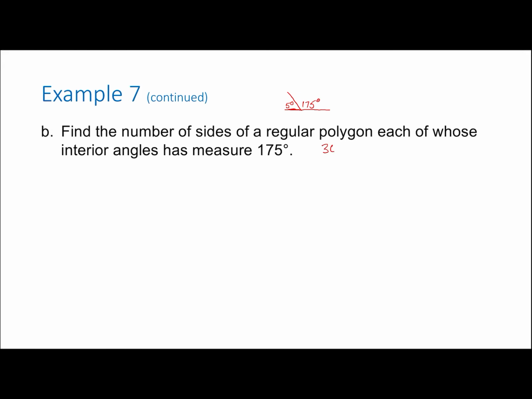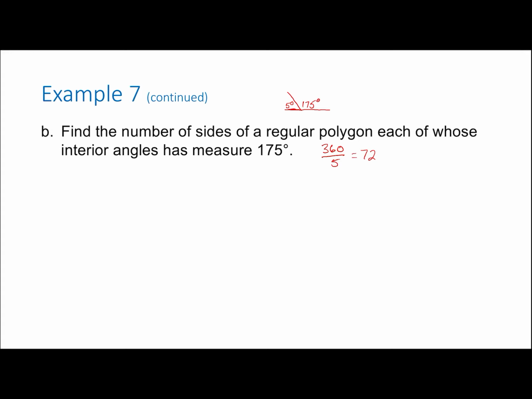Now, we know that the sum of all the exterior angles has to be 360. So if we take 360 and divide it by 5, that should tell us how many total angles there are. When you do, you get 72, which means that there are 72 angles, which also means there have to be 72 sides.